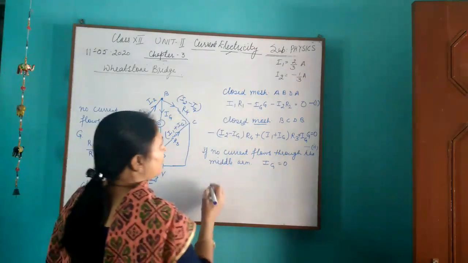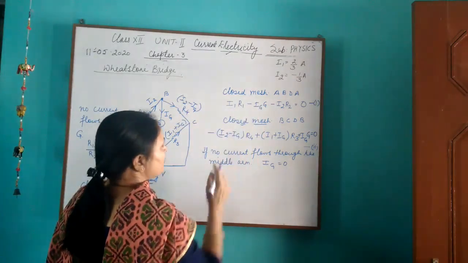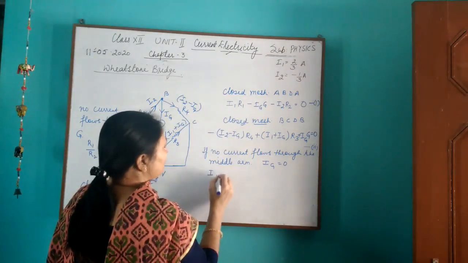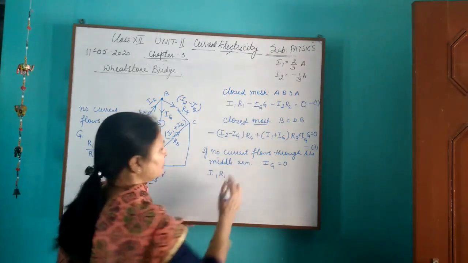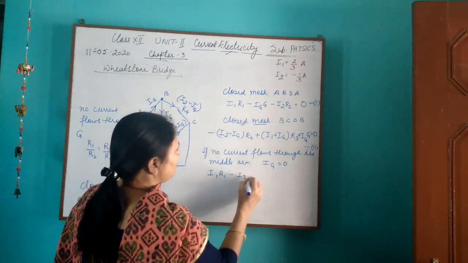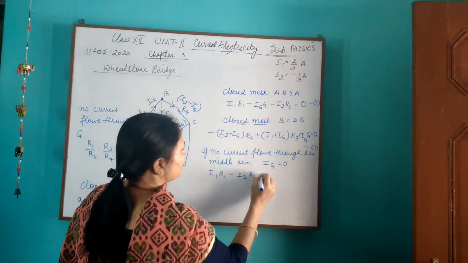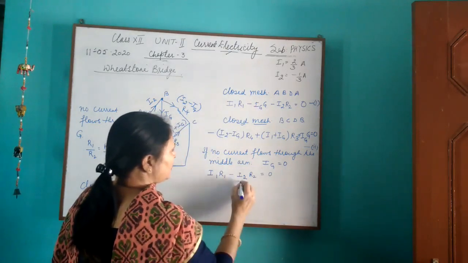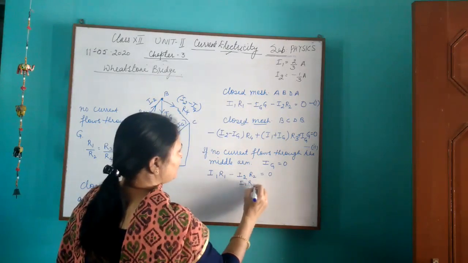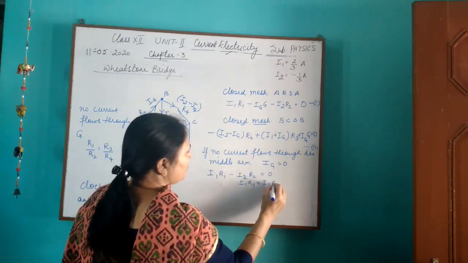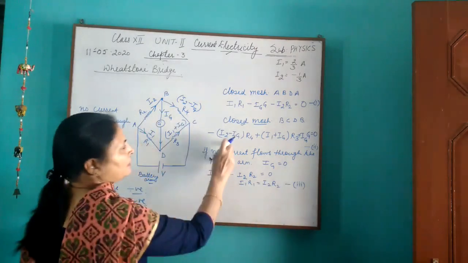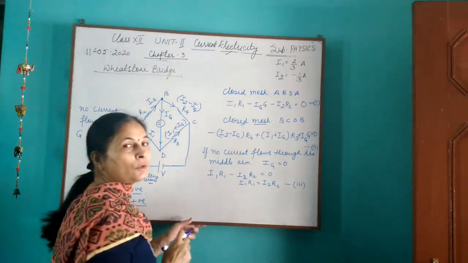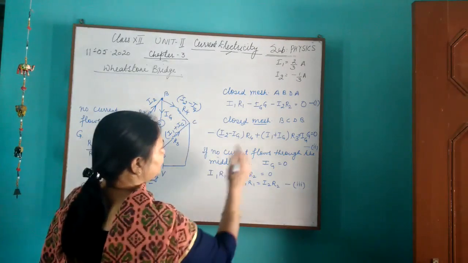Put it here now. I'll put IG equal to 0 in both the equations. I1 R1, this is going to give me 0 now. Minus I2 R2 is equal to 0. This is going to give me I1 R1 is equal to I2 R2. This you can take as equation number 3. Now come here. Put IG equal to 0 again.